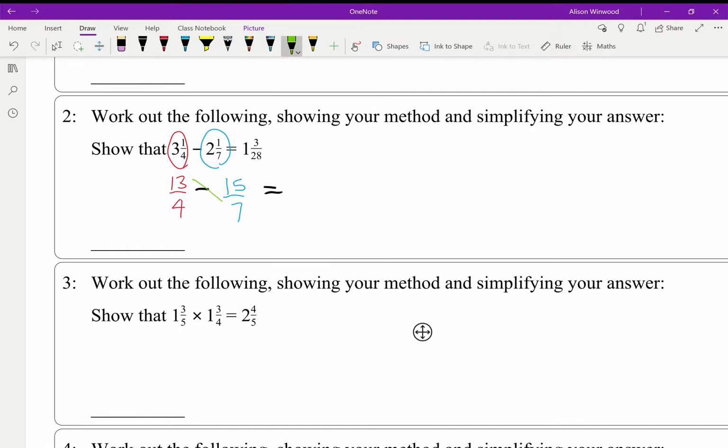Cross multiply, cross multiply, straight multiply, and then do the subtraction. And convert back to mixed fraction.